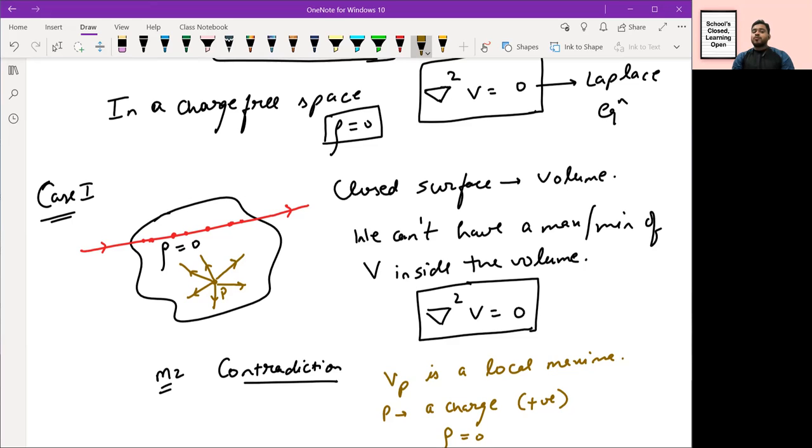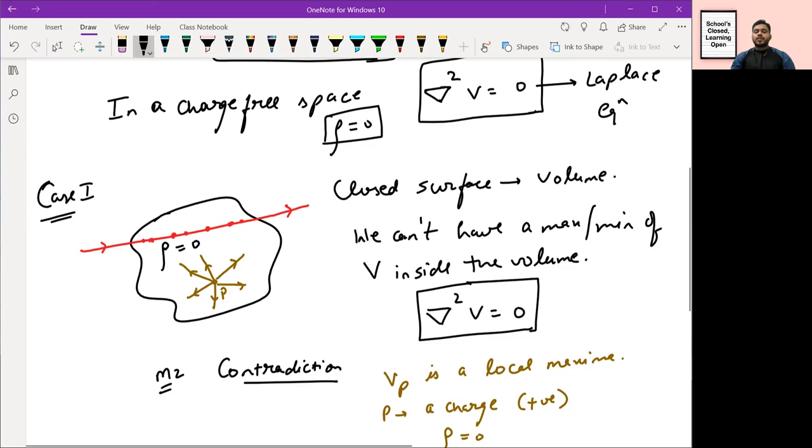By contradiction, we have proved that P cannot be a maximum. Similarly, if it is a minima, then the electric field lines will be converging on P. So rho will be negative, which is again a contradiction to our assumption, right? So we can safely say that within a charge-free cavity in a closed surface, you cannot have a maxima or minima of potential within the volume, right?